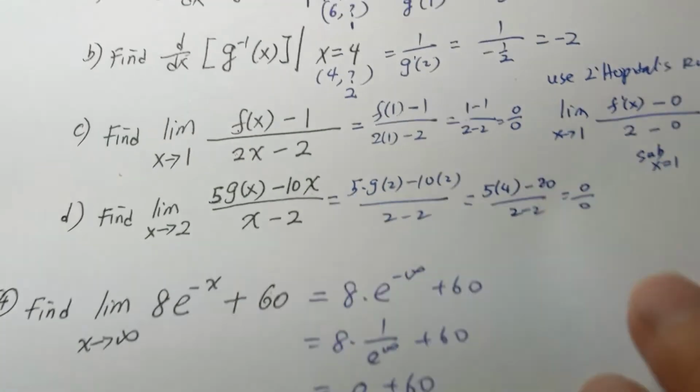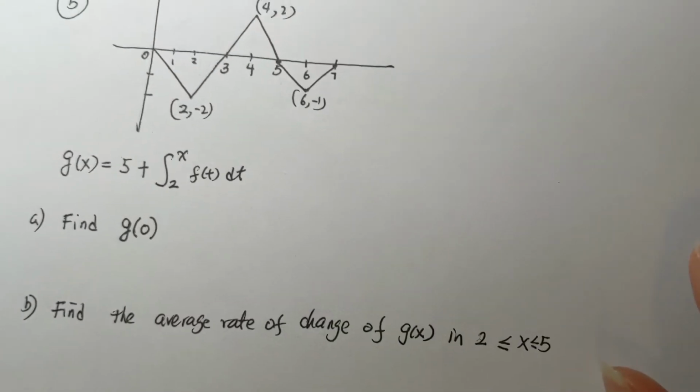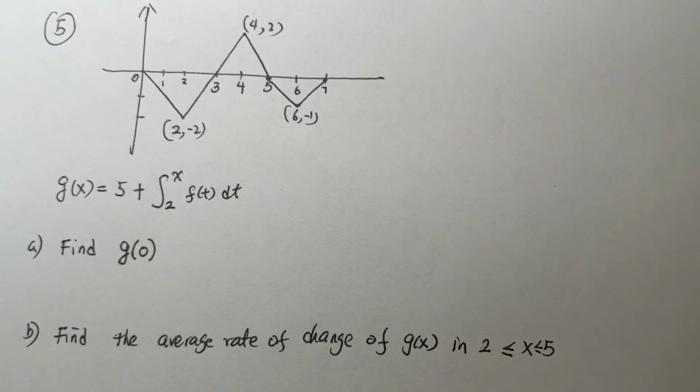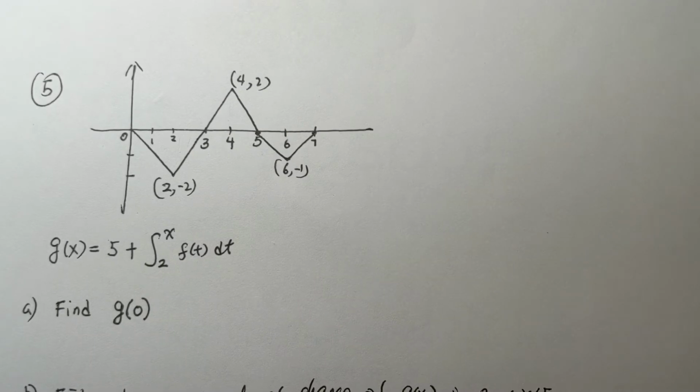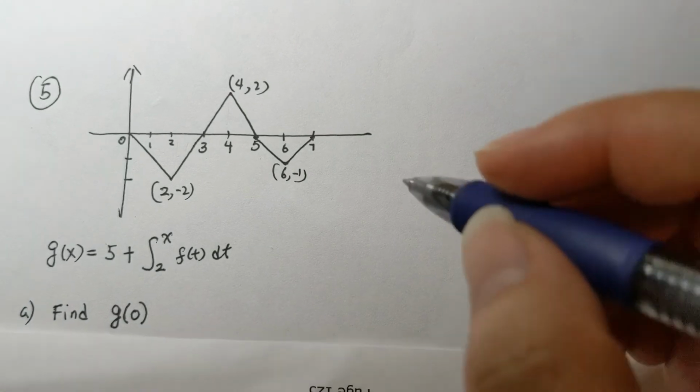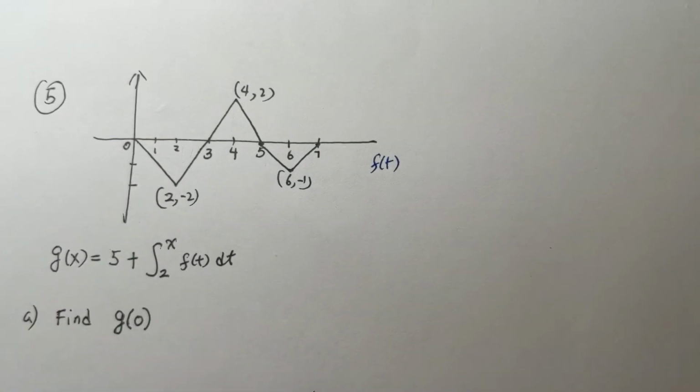Now let's take a look at number 5. Number 5, we have a graph given to us. So this is the graph of f of t. Now we have to find g of 0.